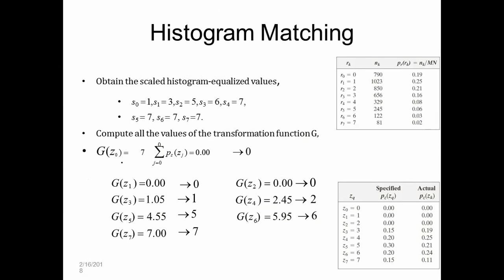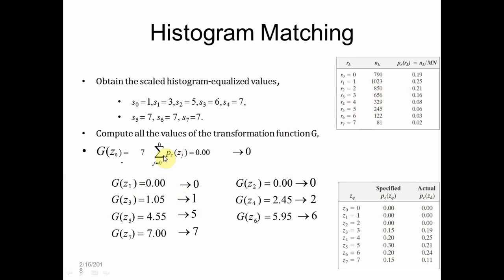Okay, if you are considering this, you will get the new values of gray level after equalization. We had done the same already. Then you will again equalize the new histogram, and again you will get the new level.